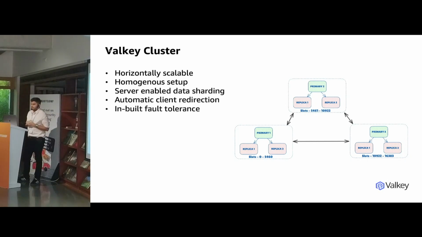And there are pieces which tie together, like handling clients connecting to the wrong node and getting redirections to the appropriate node. Also, like I mentioned, the drawback in Valkey standalone, fault tolerance, is inbuilt into Valkey cluster. So if a replica or primary goes down, a replica becomes the leader of that particular shard, and data writes still go on.